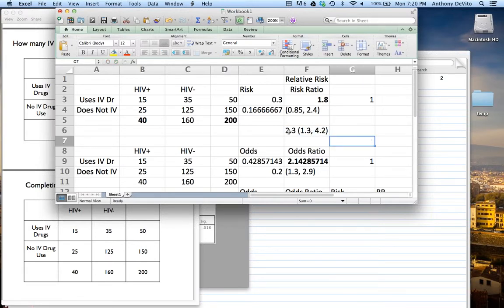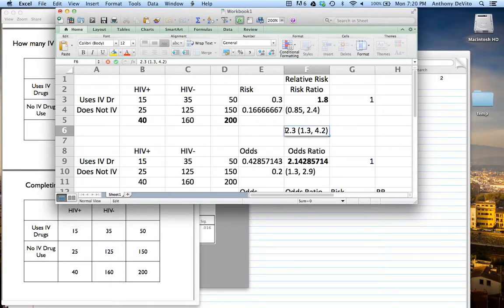Okay. Well, we have not just the number that we calculate, the increased risk that we're predicting, but we also have a range for the increased risk for the entire population, the true proportion for the entire population.